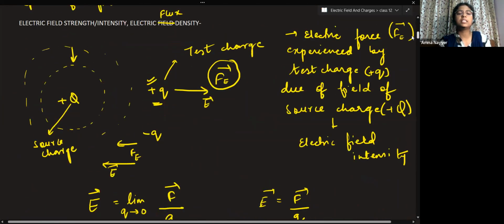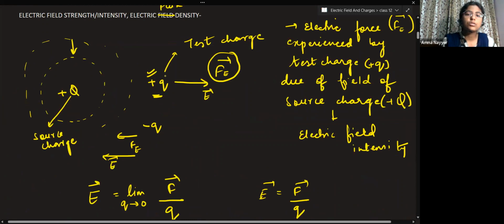So all the electrical forces experienced by the test charge because of the presence of the source charge, we call electric field intensity.